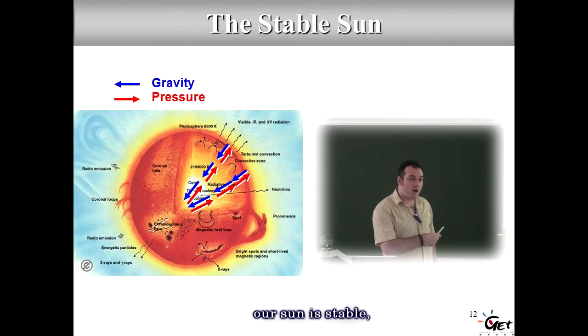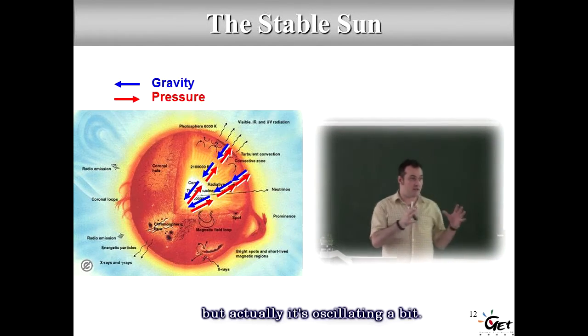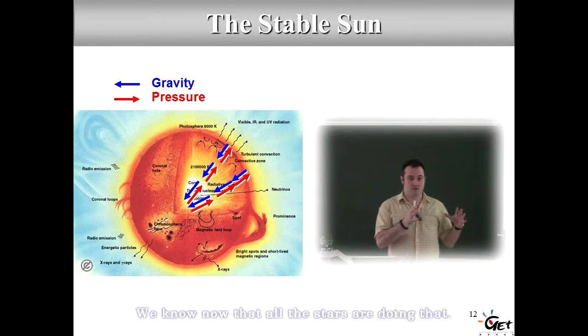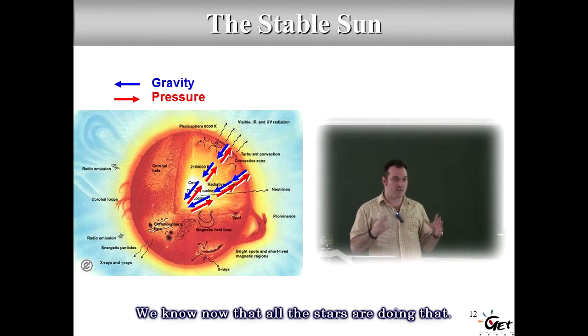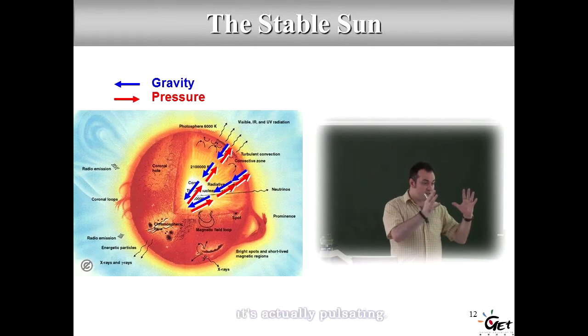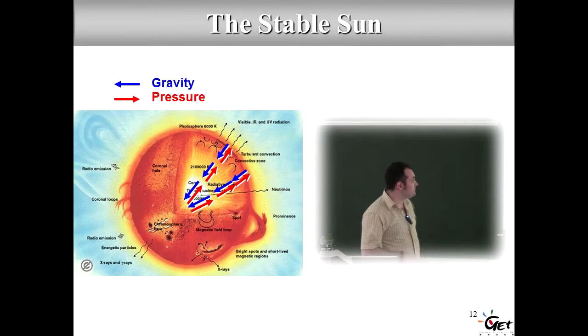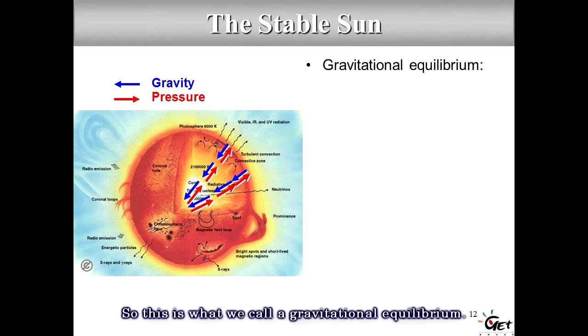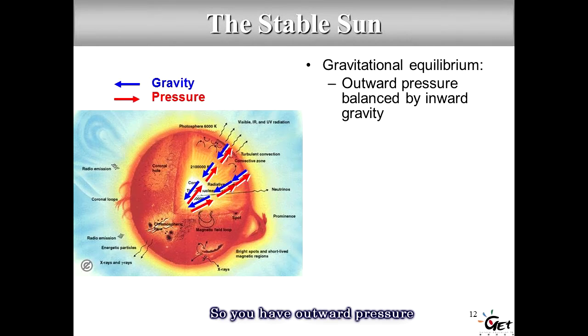And actually, our sun is stable, but it is oscillating a bit. We know now that all stars do that. The limit of the sun is not totally fixed; it's actually pulsating. It's at equilibrium. This is what we call the gravitational equilibrium. So you have an outward pressure that is balancing inward gravity.